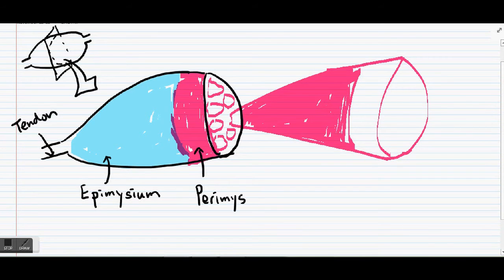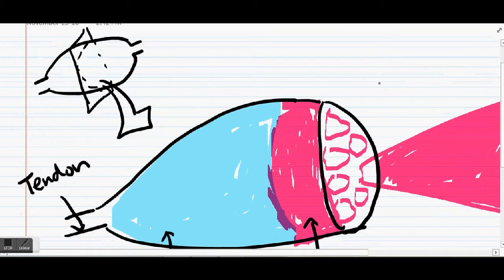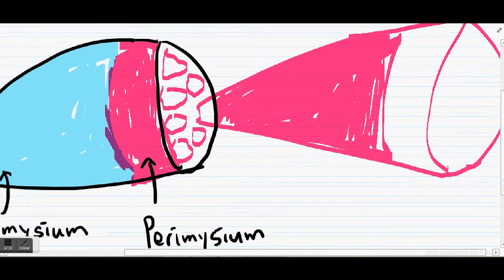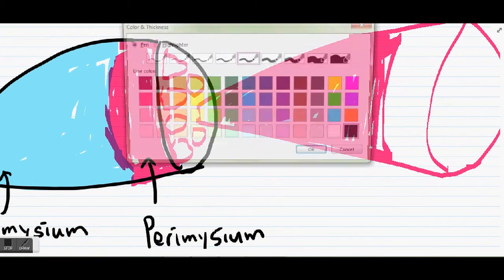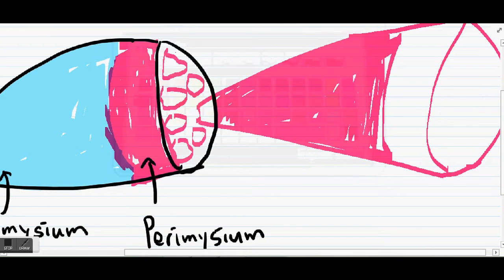If I were to look inside a perimysium here, what you would notice is a group of muscle cells. Okay, so these little circles represent the cross section of the muscle cells. Now, I do want to remind you that we are actually looking at the cross section of the muscle, and so these little circles represent a much bigger cell.